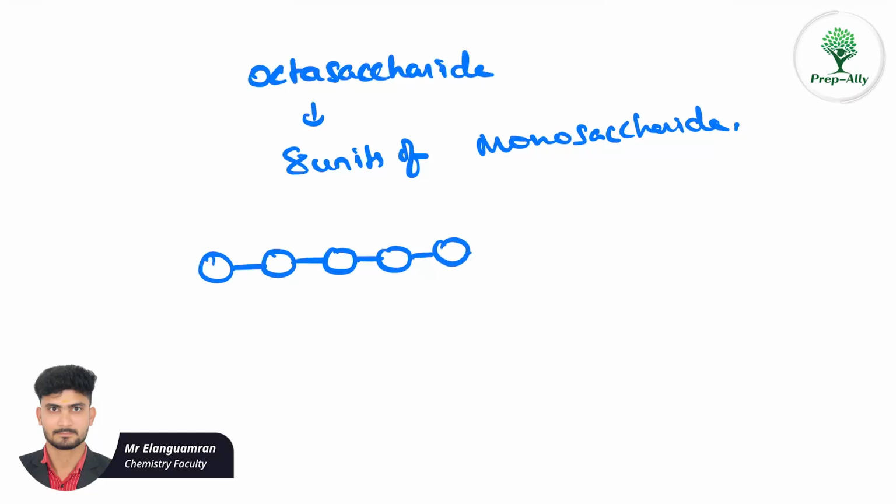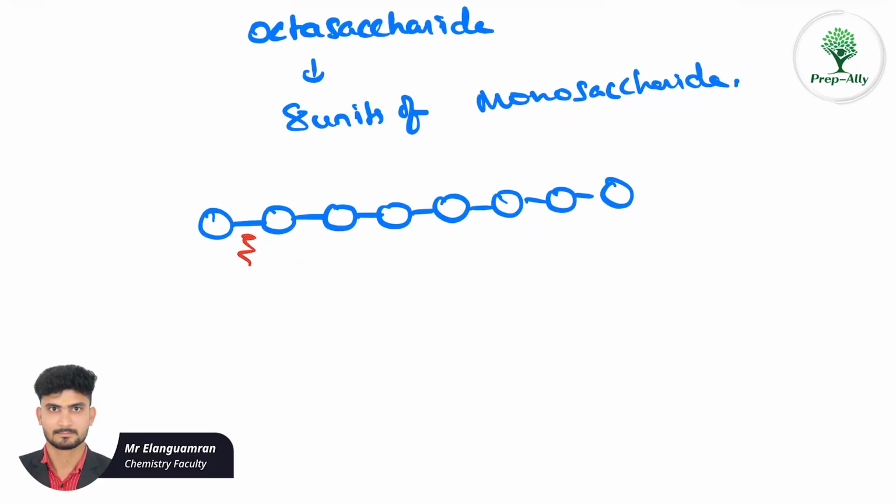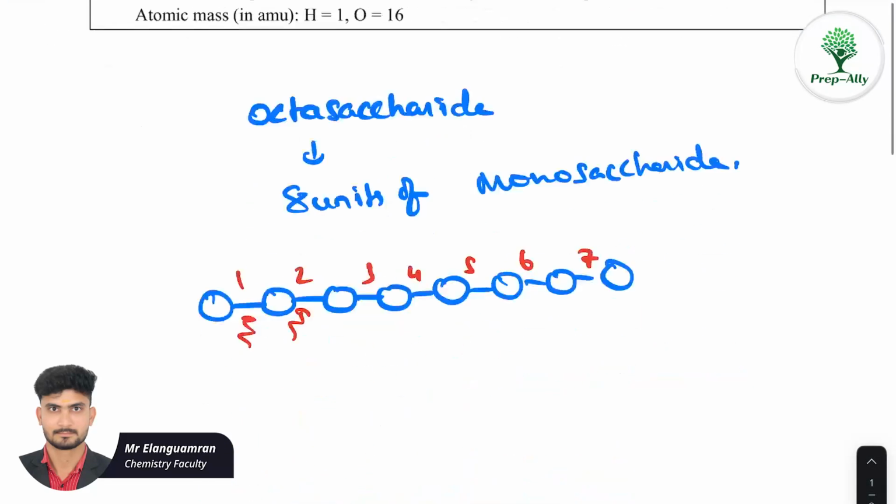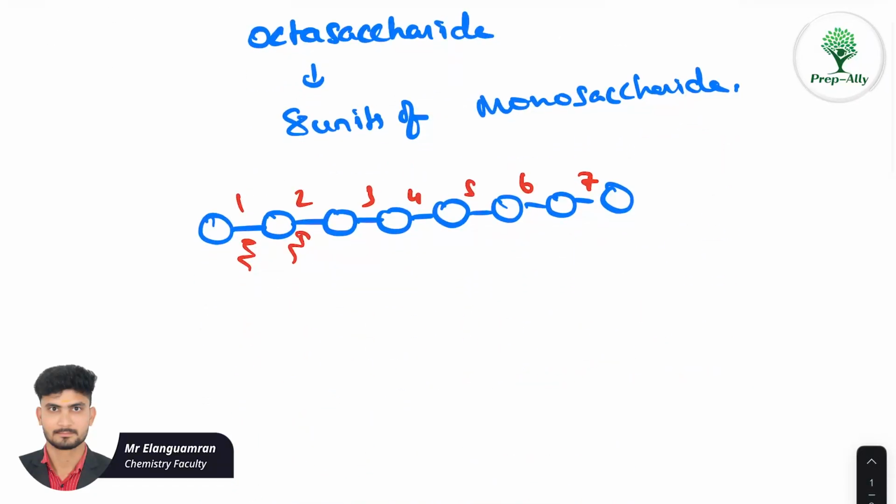1, 2, 3, 4, 5, 6, 7 and 8. So how many glycosidic linkages do they have? They have 1, 2, 3, 4, 5, 6, 7. When I'm doing a hydrolysis process, what is going to happen? All these monosaccharides are going to get hydrolyzed and all these glycosidic bonds are going to break by the water.